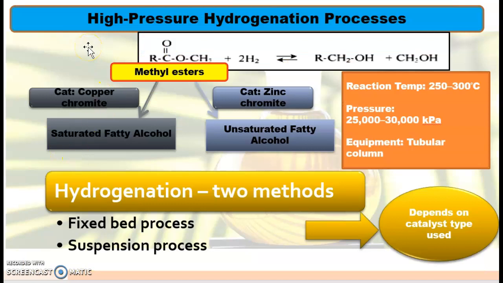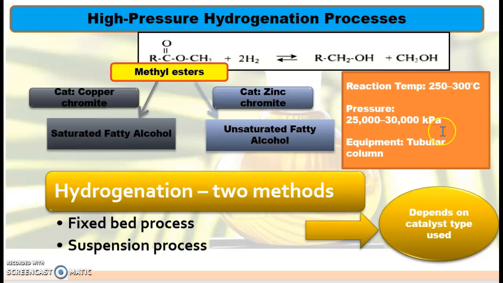Okay, so the hydrogenation process from your fatty ester is usually at high pressure. And this is an example of the catalyst used, copper chromate and zinc chromate. If you use copper chromate, you will produce saturated fatty alcohol. Zinc chromate, unsaturated fatty alcohol.